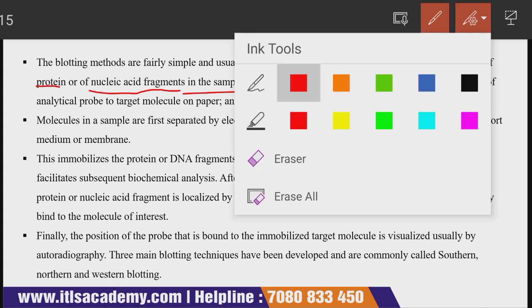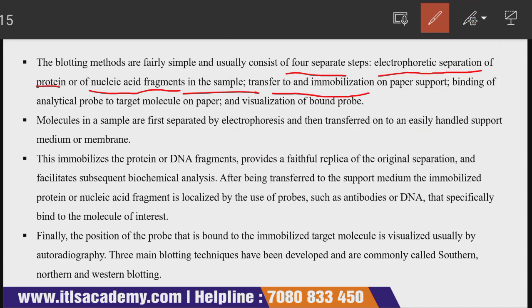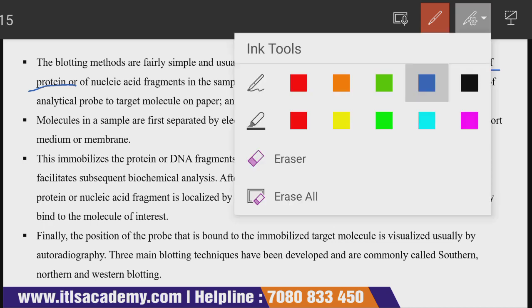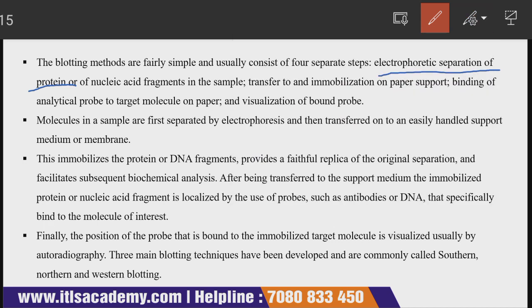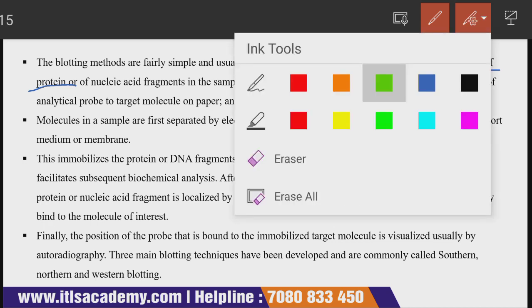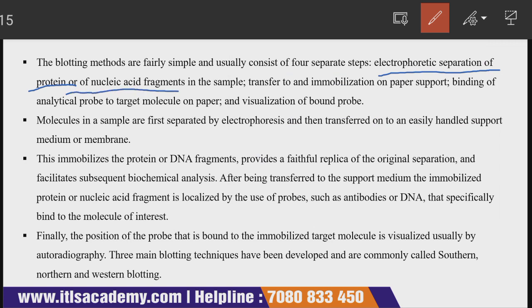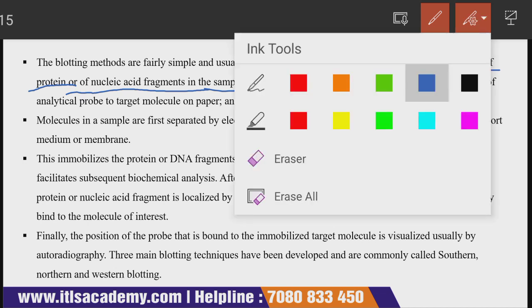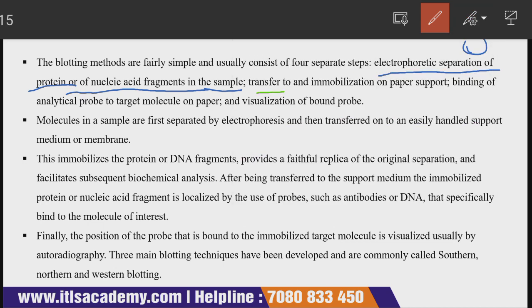I'm just marking everything with a different ink. The first step is the electrophoretic separation of protein and nucleic acid fragments in the sample. Now the second is the transfer and immobilization on the paper support.